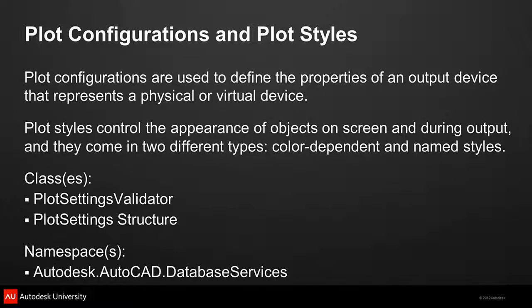You have to go through the plot settings validator, and it allows you to say, here's my PC3 file, make sure that the paper size I'm passing you is valid, and all this other stuff. So it does a lot of the lifting for you, so you don't need to verify that your paper size is valid against the PC3 file you're trying to assign. You're not assigning those as two different values independently that might conflict with each other. You're assigning it to a validator that checks whether that's valid, and if not, it can't assign it.